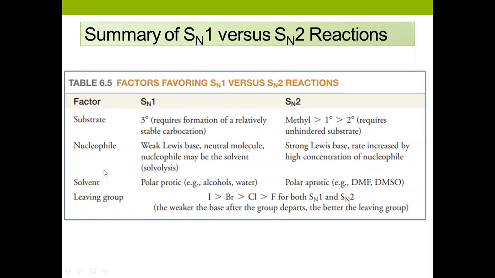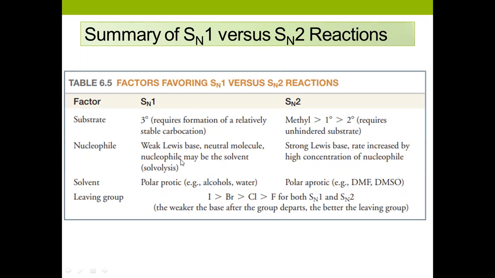Now, for the nucleophile, we've learned that the SN2 is the only reaction that depends on both the substrate and the nucleophile. So for the SN2, a strong Lewis base and an increase in its concentration will increase the SN2 reaction rate, and it will favor the SN2 reaction.